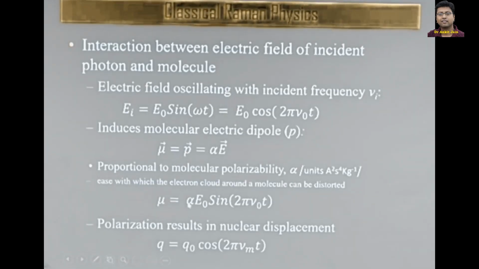Substituting E into the polarizability formula, we find it is alpha E naught. And this particular polarization results in a nuclear displacement. So the nucleus is shifted a bit, and this is known as Q. Q will be a sinusoidal or cosine wave of the same frequency.